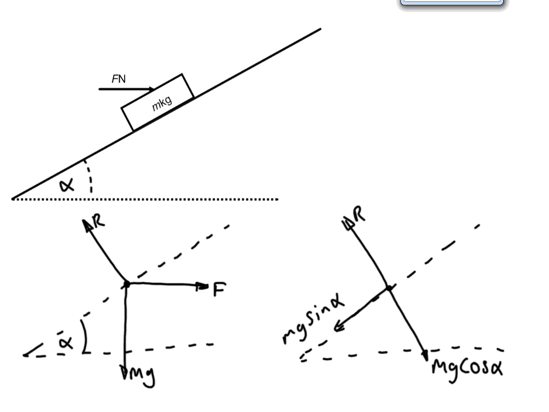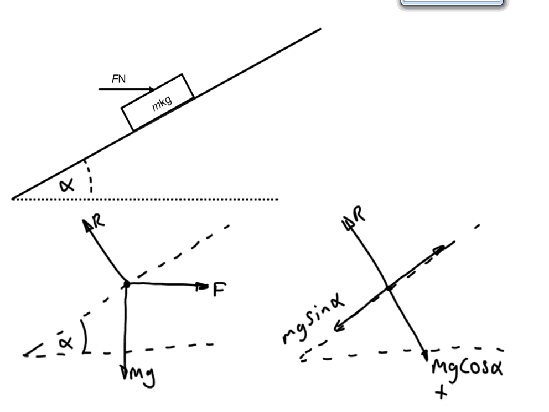However, we also now have this force F. It's acting into the plane, but it's also acting to push it up the plane. So we're going to have, in addition to that, a force acting up the plane and another force acting into the plane, and we need to calculate what they are.